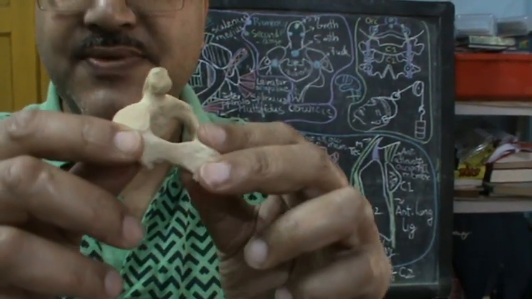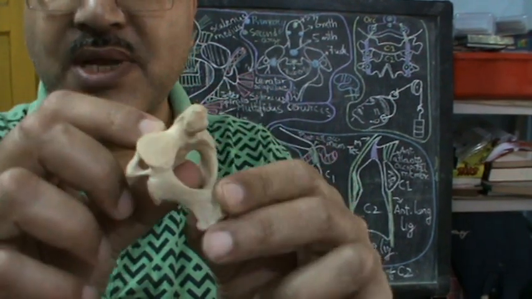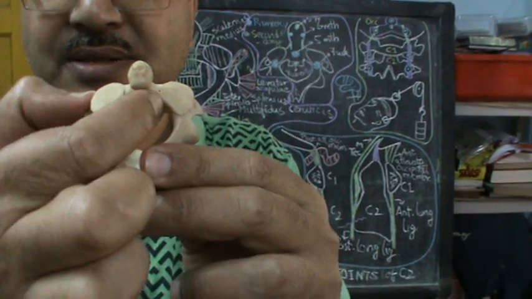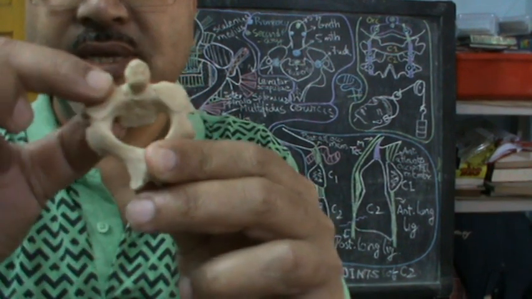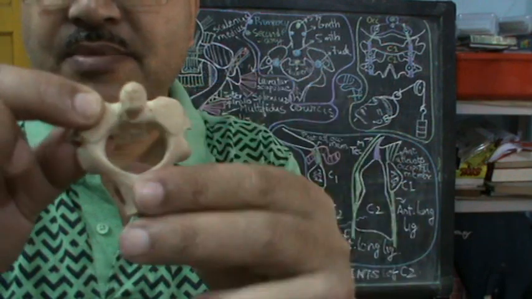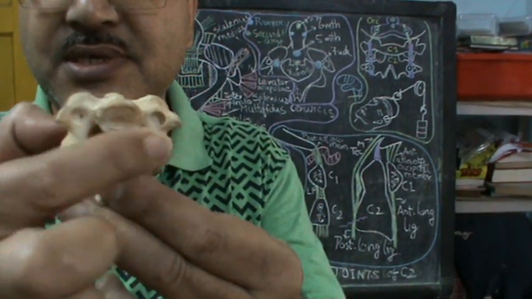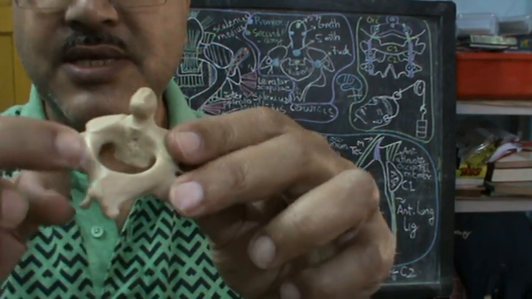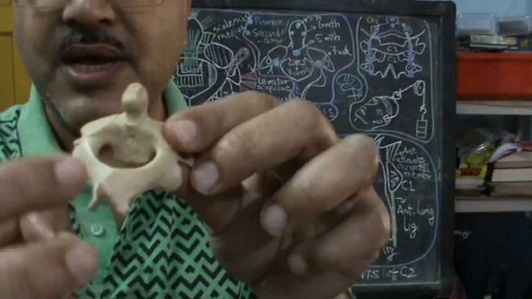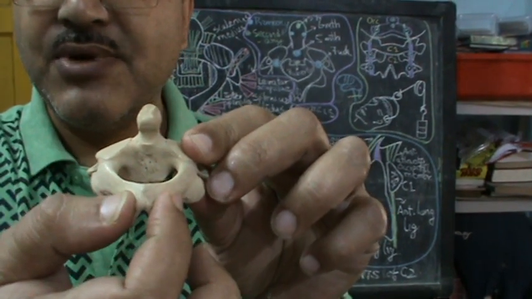And the parts first. The axis has got a body. This is the body. It has a pair of pedicles, short and robust over here. It has the articular processes bearing the superior articular facets, and on the undersurface the inferior articular facets, and then these are the laminae, and this is the robust bifid spine joining the two laminae.